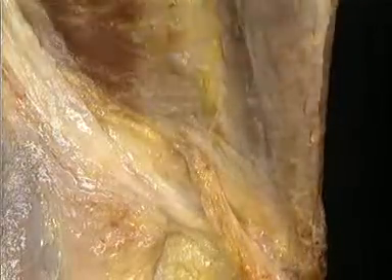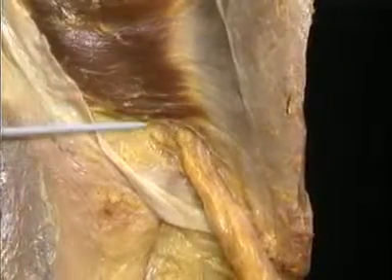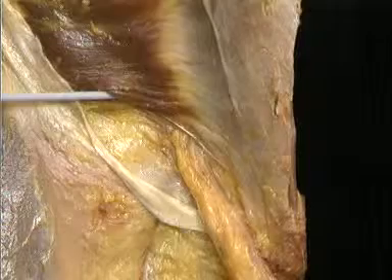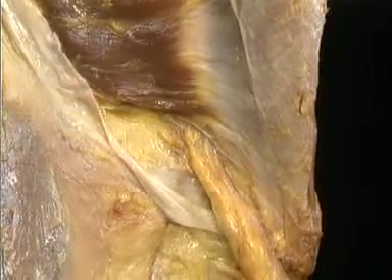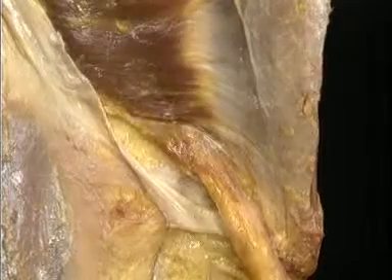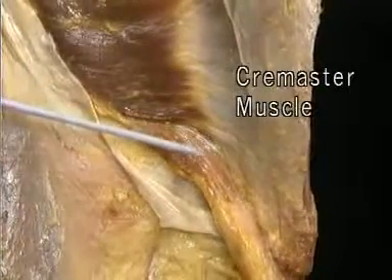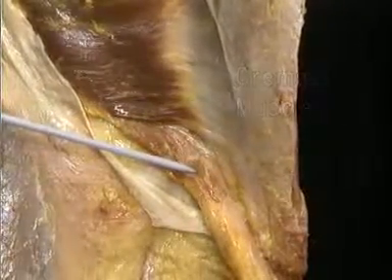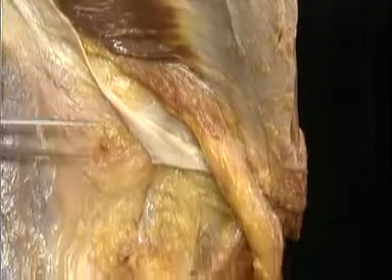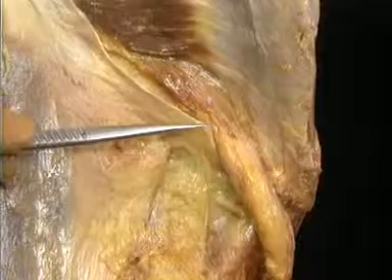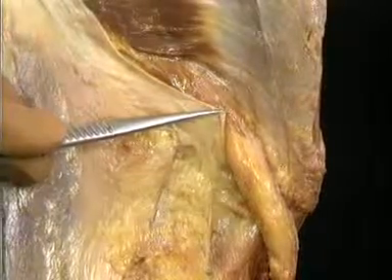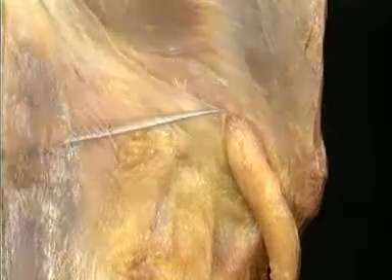Now we'll add the internal oblique muscle. The internal spermatic fascia is surrounded by this layer of muscle, the cremaster muscle. Here's the cut edge of the external oblique aponeurosis. We'll add the rest of the external oblique aponeurosis to the picture.